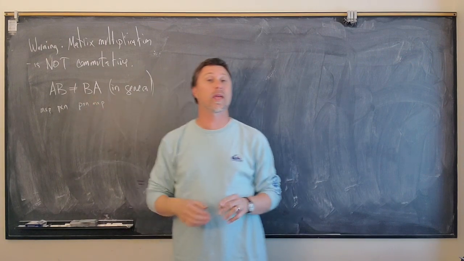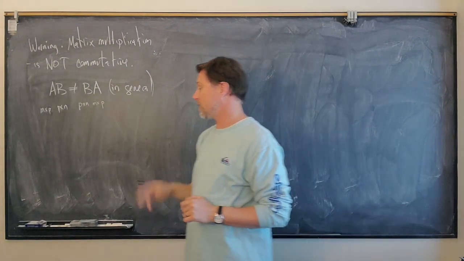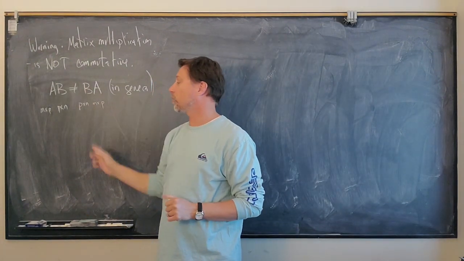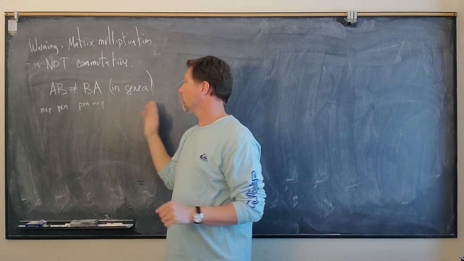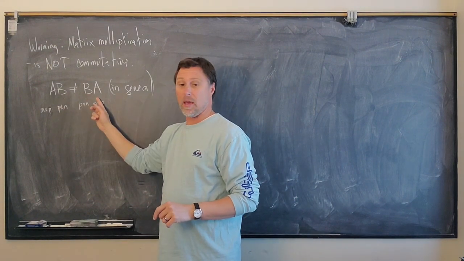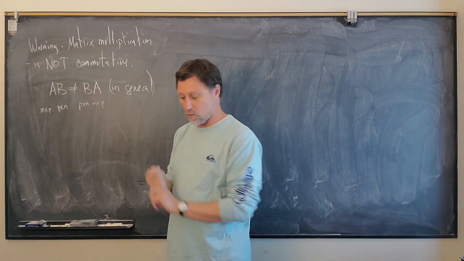The matrix multiplication will be defined, but the sizes of the resulting matrices are going to be different. So, for there to be any possibility that AB is equal to BA, you would want the sizes to be the same, which would mean that you would need your matrices to be square.